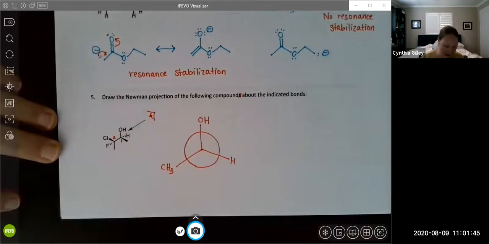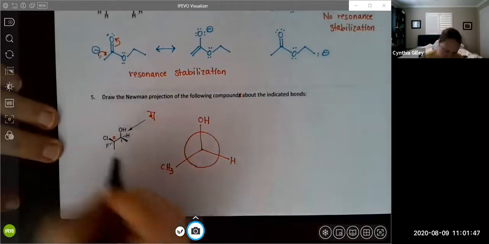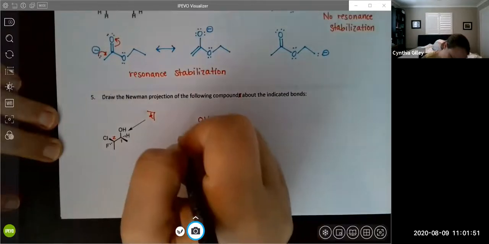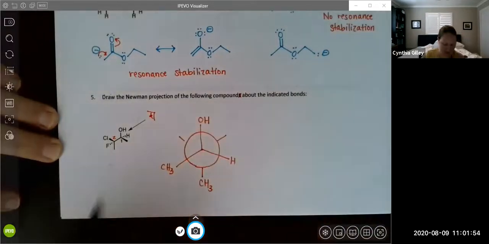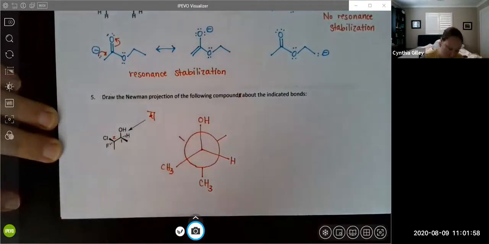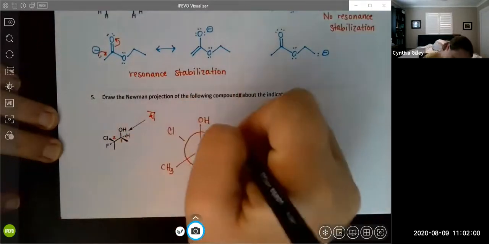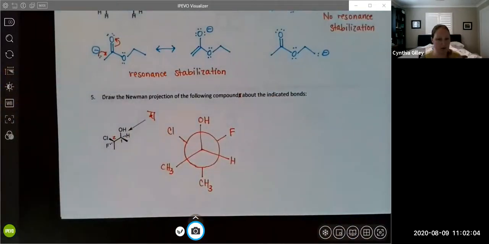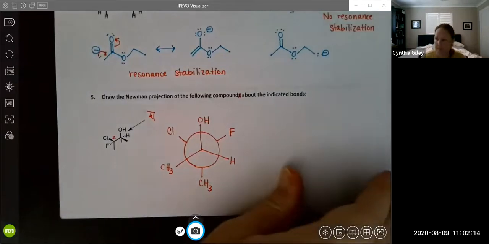And then in the back, we have a methyl group pointed straight down. And then we have chlorine coming out to your left and the fluorine going into your right. So this is the Newman projection of that particular compound. Newman projections can be reviewed in chapter 4.